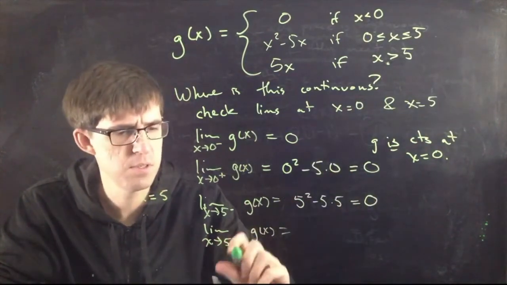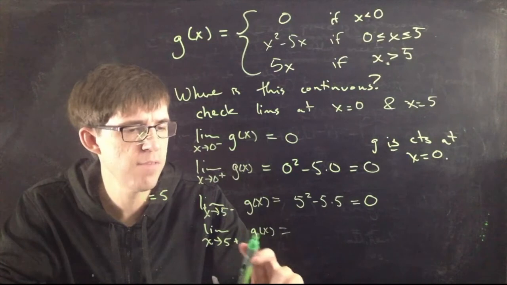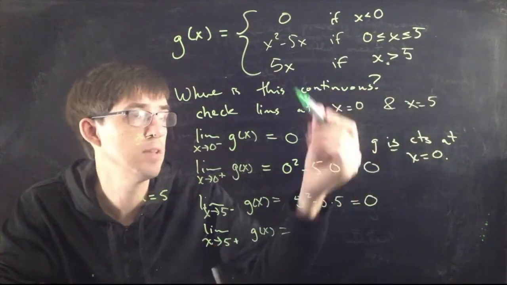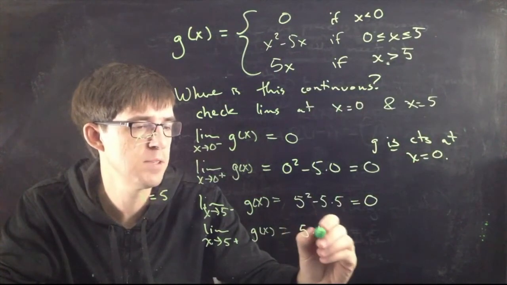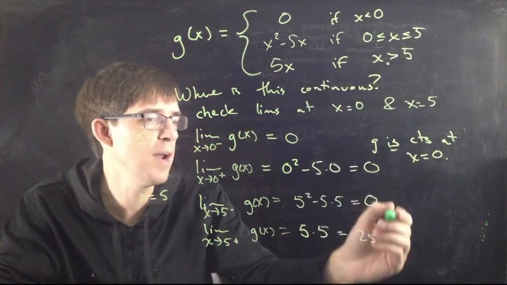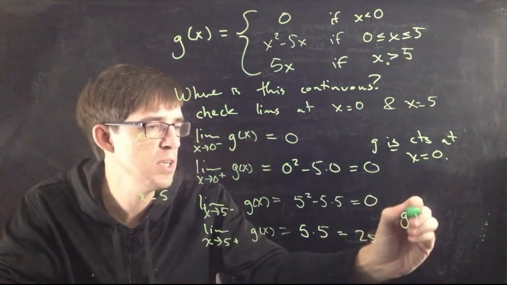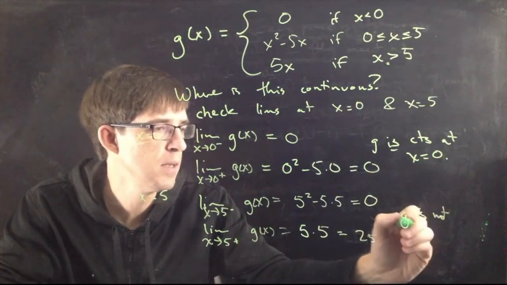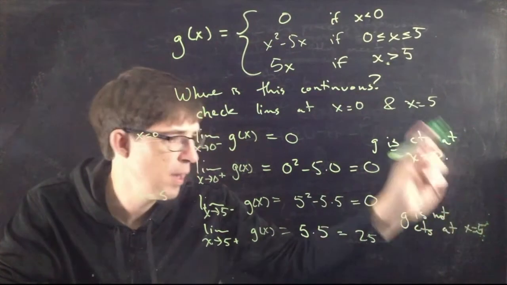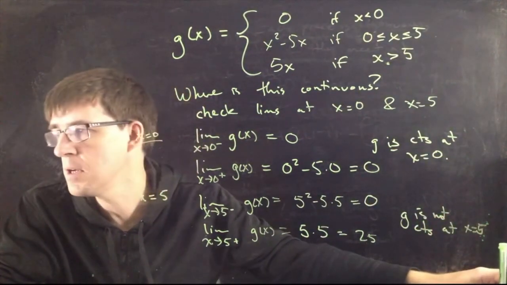That's just a coincidence. Limit as x goes to 5 from the right. That means values which are close to 5 but slightly bigger. That means I should use the last formula. And it says 5 times 5, which is 25. These two things are not the same, which means g is not continuous at x equal 5, right? I wanted those to be the same if it was going to be continuous.